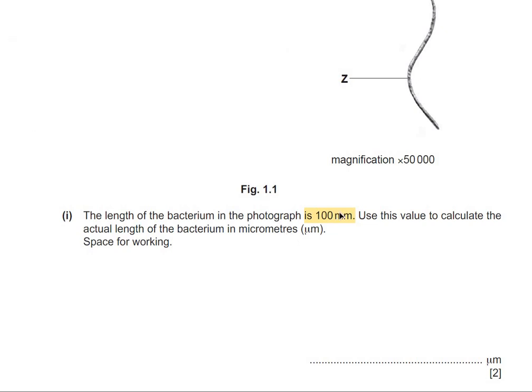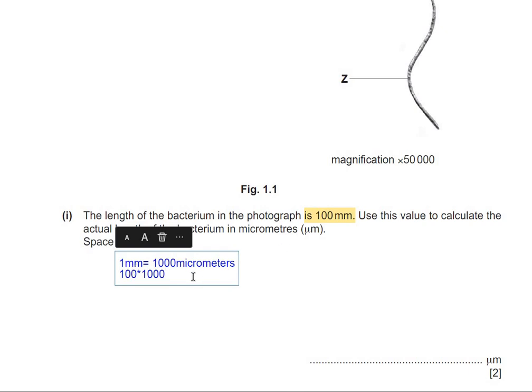First of all, we need to convert this 100 millimeters into micrometers. So 1 millimeter equals 1000 micrometers. Obviously 100 multiplied by 1000 makes 100,000 micrometers.